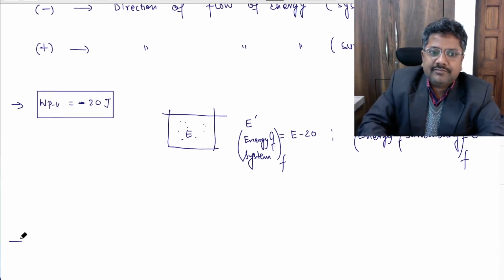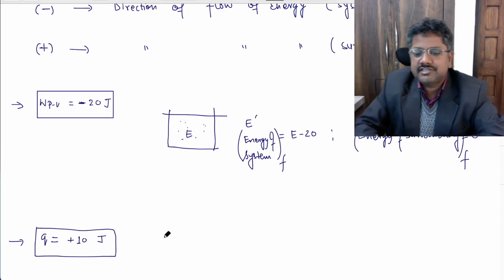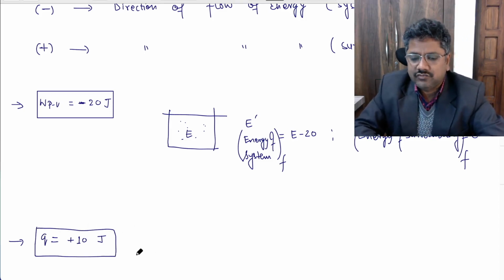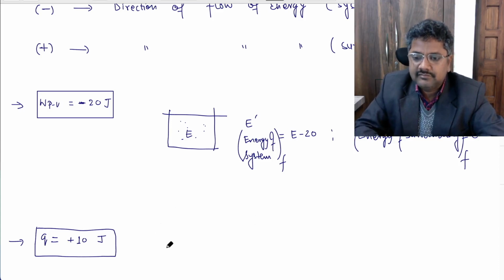Suppose that at any point of time it is written Q is equal to plus 10 joule, it means the energy of the system increases by 10 joule as a result of transfer of heat from surrounding to system to maintain thermal equilibrium, right?